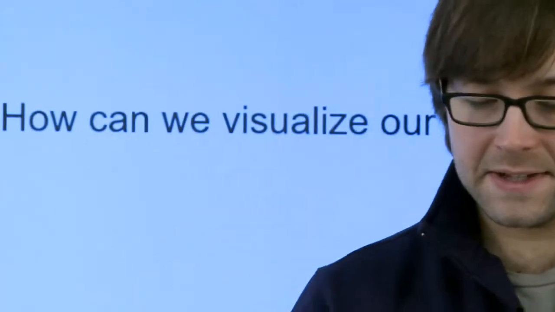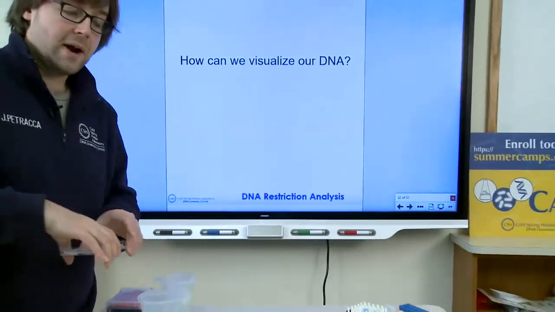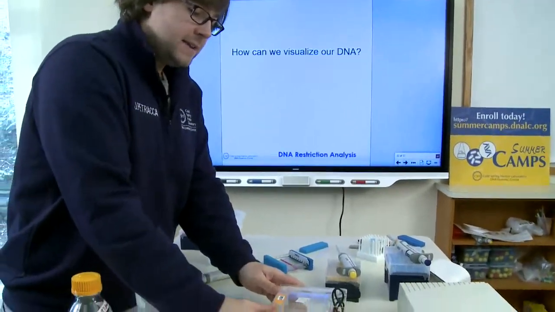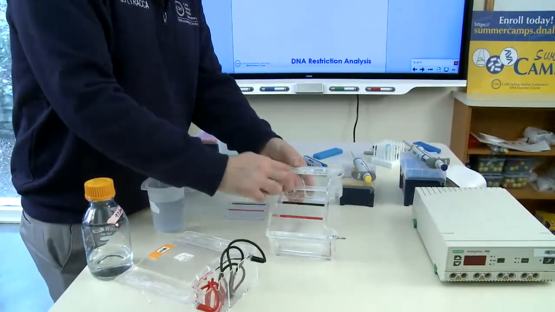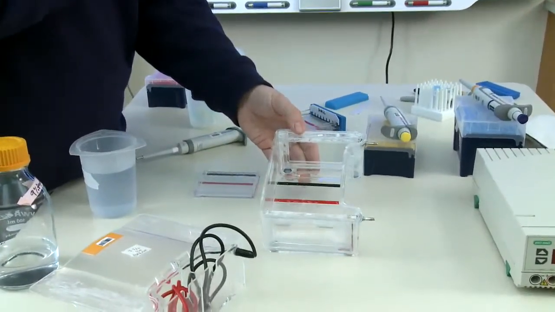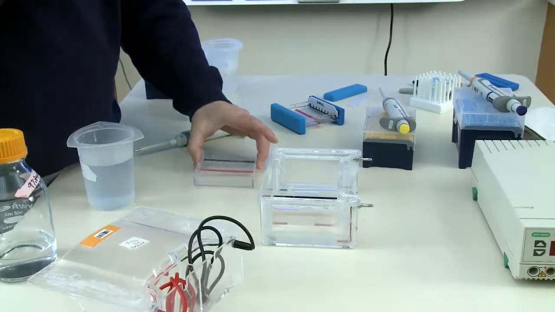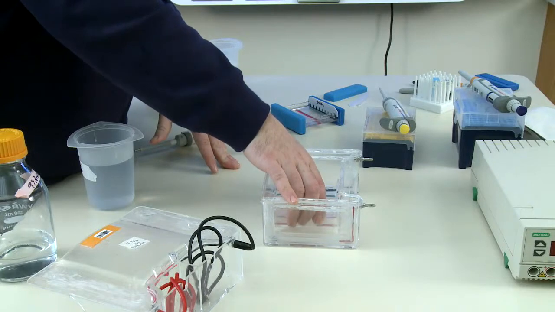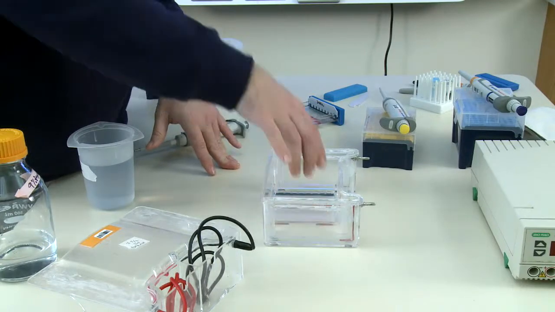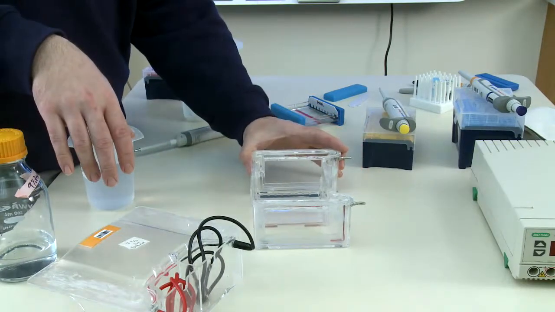All right. So next, we have to set up our gel in our gel chamber and our power supply. So I'm going to go ahead and take the lid off of the gel box here. Notice that there's a black and a red line on the gel box as well as the casting tray. So I'm going to essentially lower my casting tray, gel and all, right into the gel chamber.